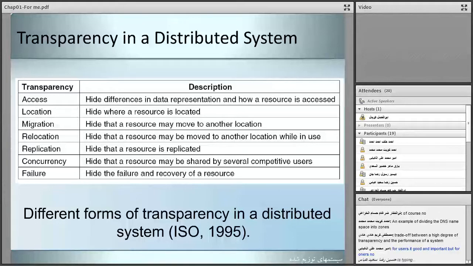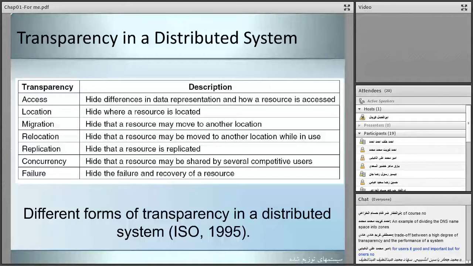Mr. Amir, yeah. For users, it is good and important, but for owners, no. No, it's not correct. Tell me an example that location transparency is not a good idea.